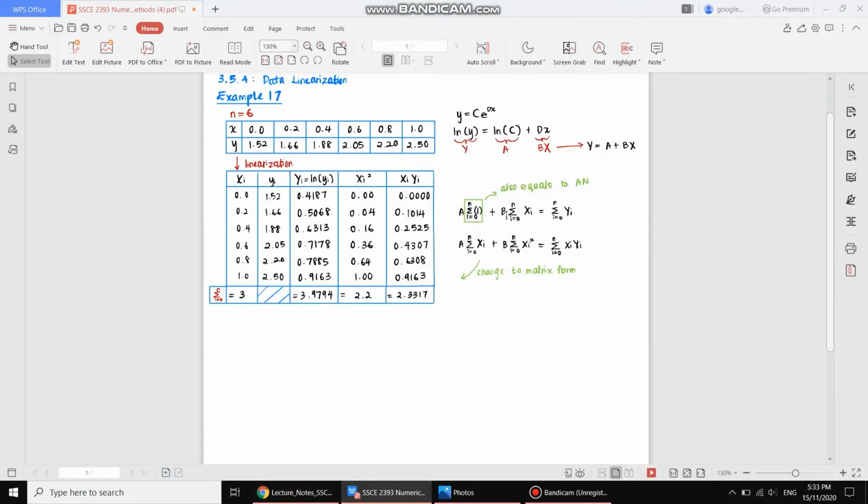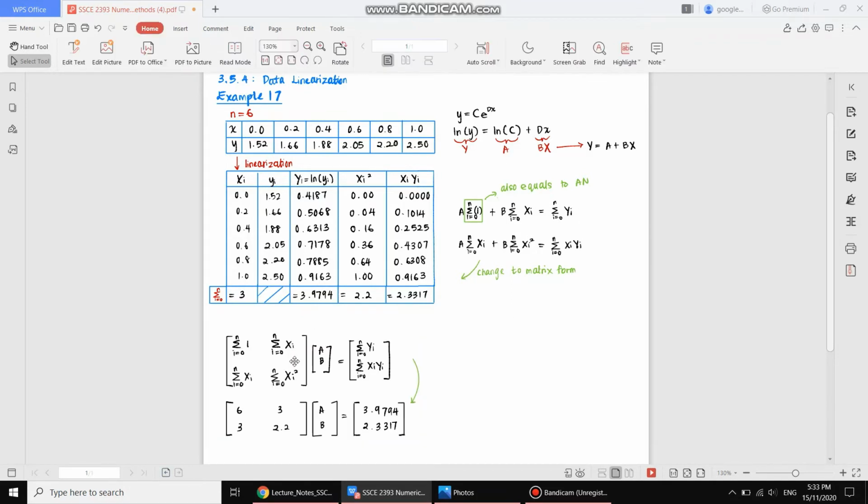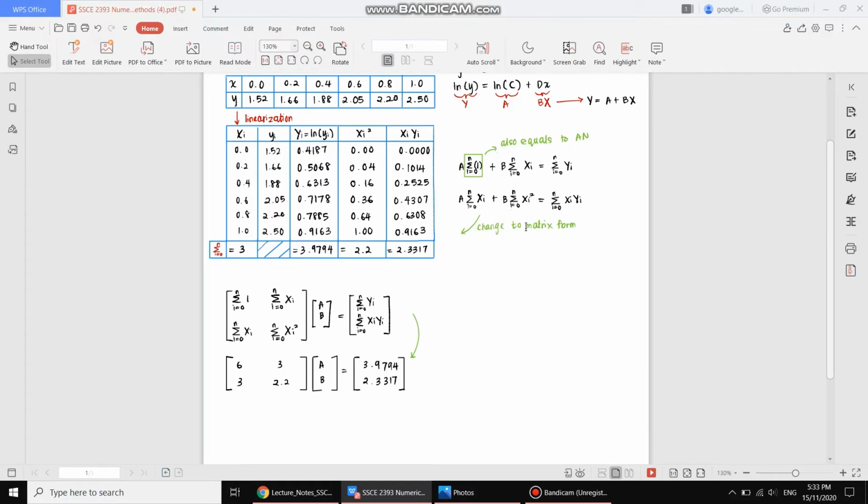We make it into an equation from the matrix equation from the equations, and it can be written in this way.